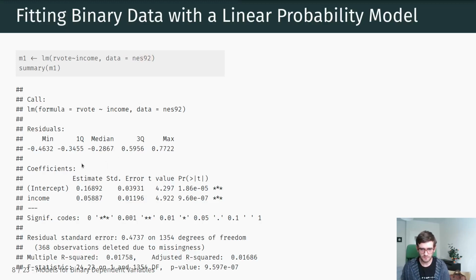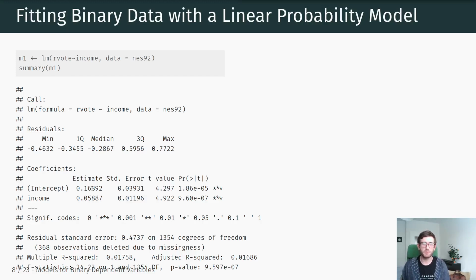What we see here is a basic regression outcome. We have our intercept, and that is 0.16. We can interpret this intercept as the expected percentage of voters who support the Republican candidate, conditional on income being equal to 0.